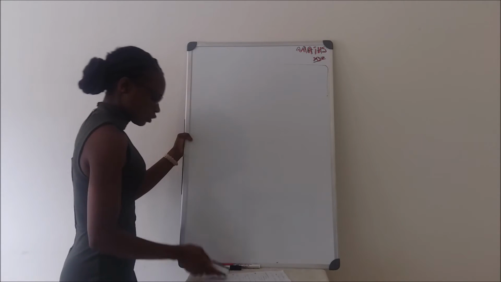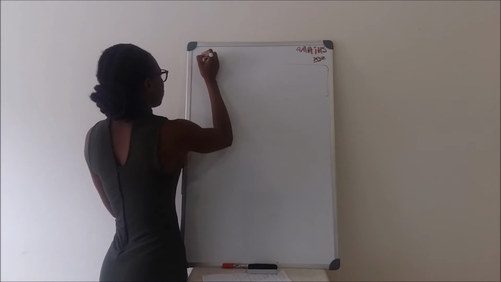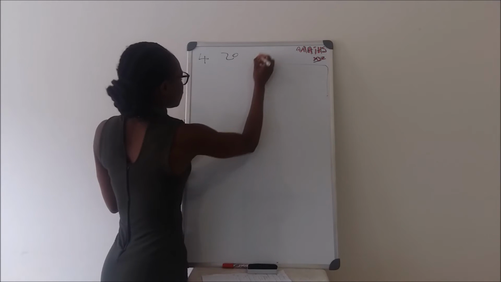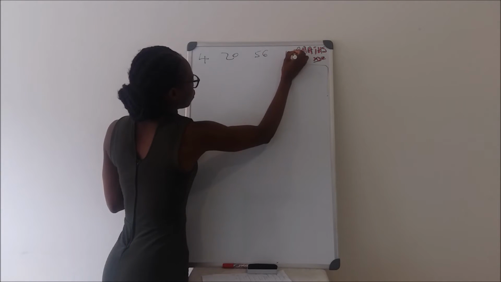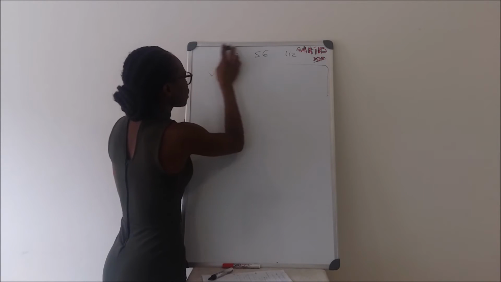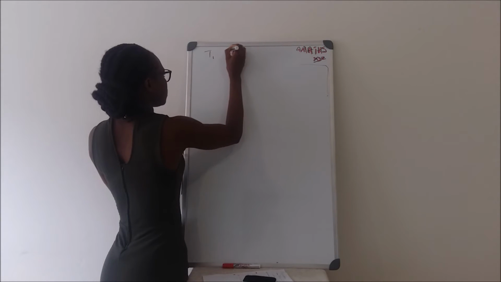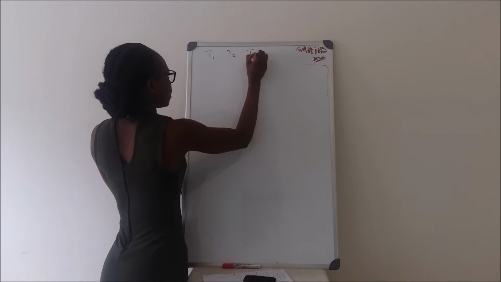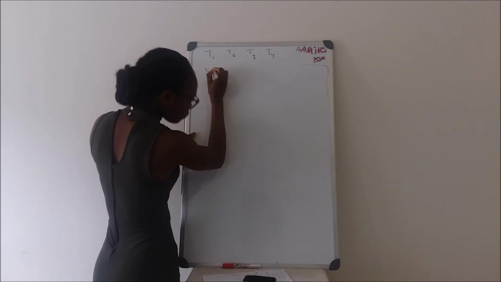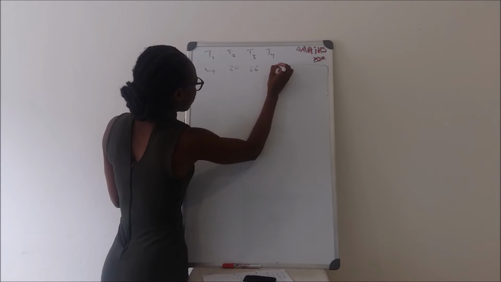Let's look at the very same question that I showed you guys: 4, 20, 56, and 112. Let's say T1, T2, T3, T4. So this will be 4, this will be 20, this will be 56, this will be 112.